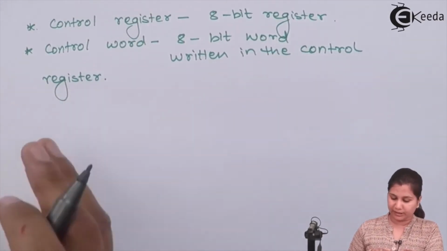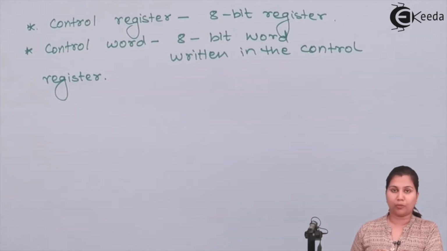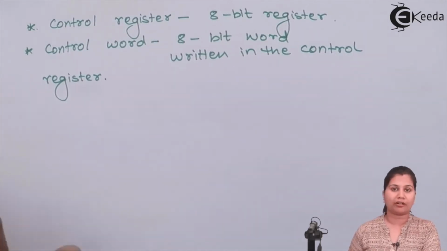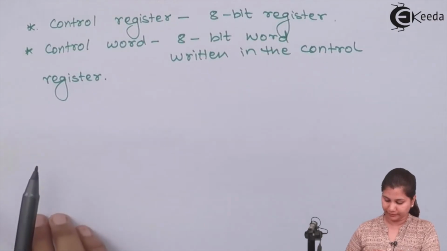So let us first see the control register and the input output ports, and how the control word is controlling the functioning of the ports. Let's see the diagram for it.